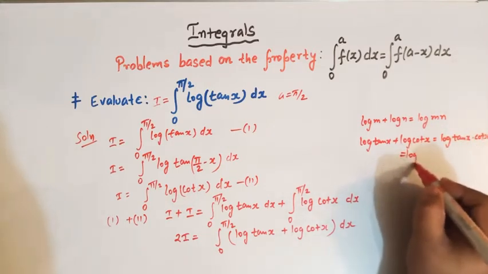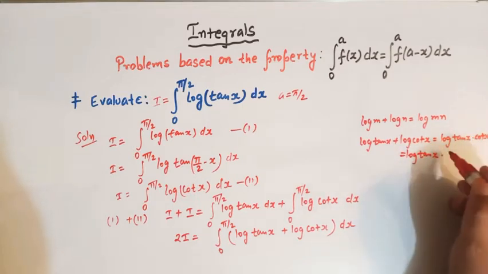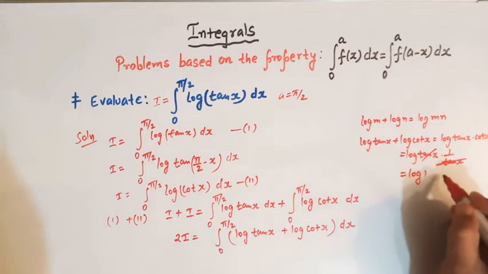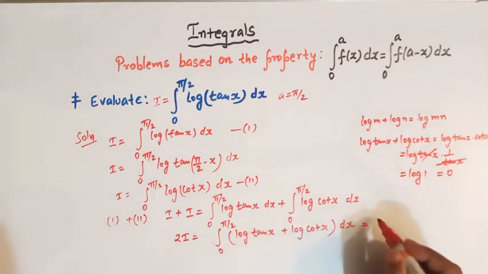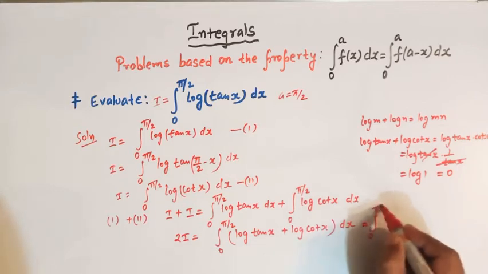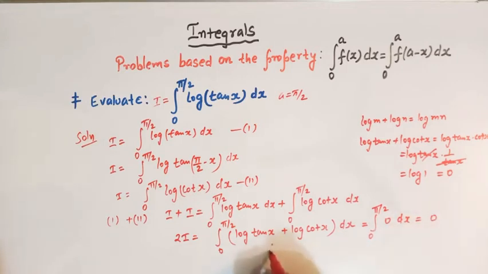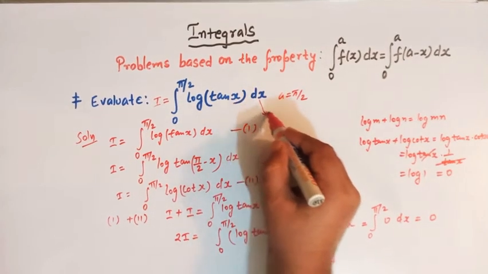And for cot x we can write 1 upon tan x. So tan x and tan x get cancelled, so we have log of 1, that is 0. So therefore this term becomes 0, so we have integral from 0 to pi by 2 of 0 dx, so this is 0. So therefore 2I is 0, that is I is 0, right? So the value of this integral is 0.